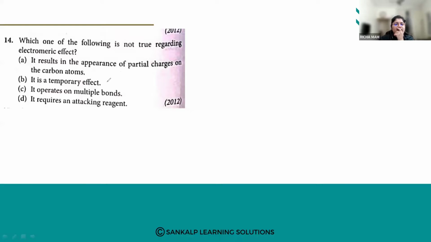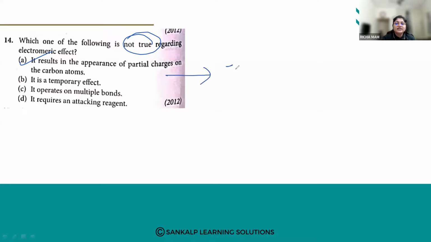Okay, so option B is correct. This is also true regarding the electromeric effect. It operates on multiple bonds. This is also true. It requires an attacking reagent. This is also true. So which is not true regarding the electromeric effect is that it results in the appearance of partial charges.